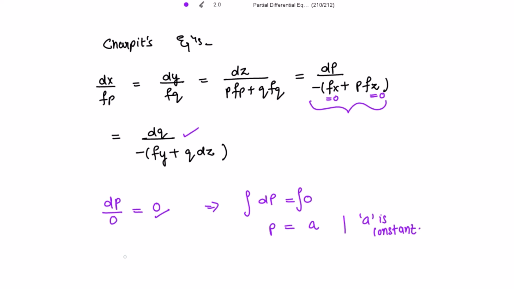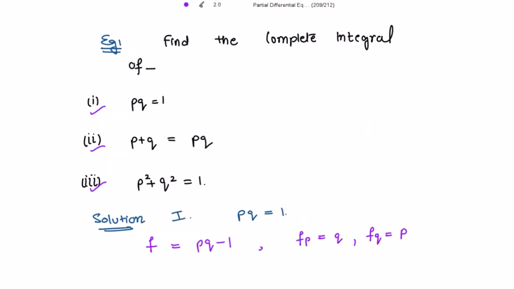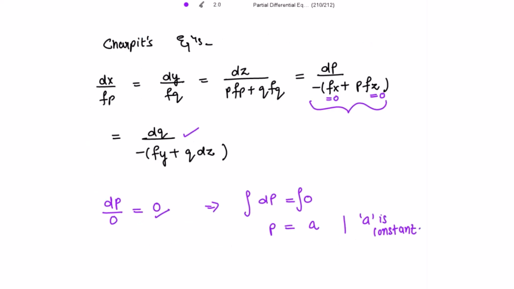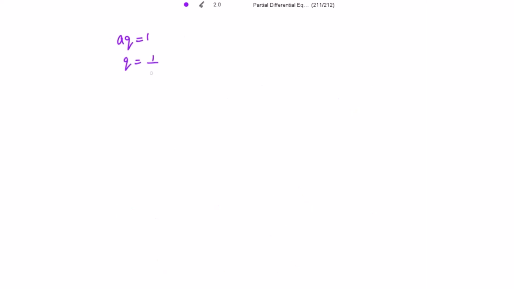Okay. And then we need to get the value of q. What is our given equation? It is pq equal to 1. So from the given equation, just put the value of p over here, we get q is equal to 1 divided by a. So we have got the value of q in terms of a. Now we have to use the equation dz equal to p dx plus q dy to get the complete integral.